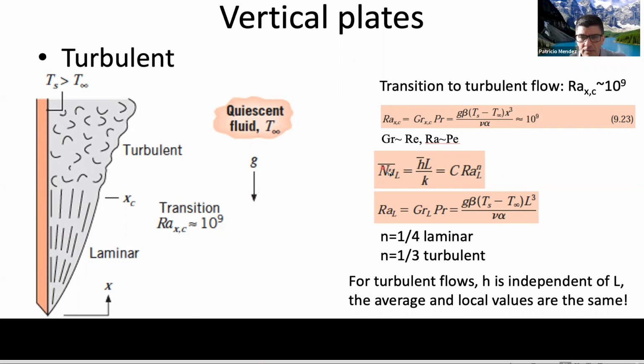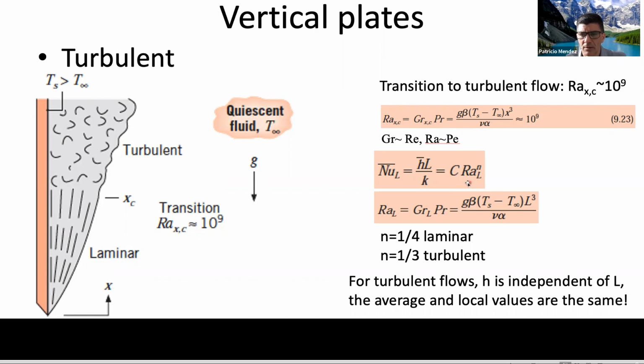Nusselt, and in this case, it is not a local, it is an average, is a constant C that is empirical times Rayleigh to the n. Rayleigh is defined as Grashof times Prandtl. The same way we would say the Peclet number was Reynolds times Prandtl, the Rayleigh number is Grashof times Prandtl.